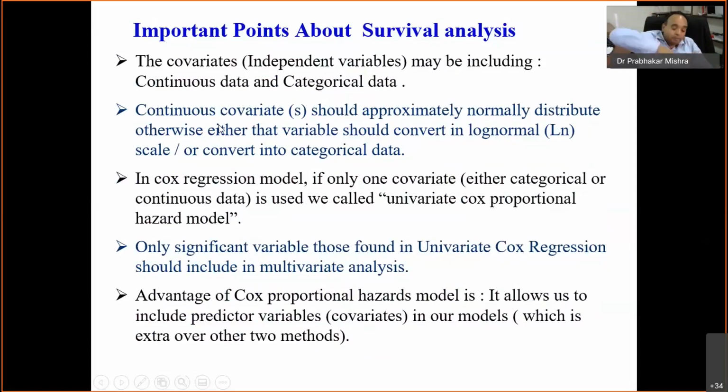Here, for the continuous quantitative variables we are including in the independent variables, it is good if they are normally distributed or have less variation. But in case they have more variation, we have to use these variables after converting into log normal values, log scale. Or the other thing, which is more practical and what we practically do, is to convert those non-normal quantitative variables into categorical variables.